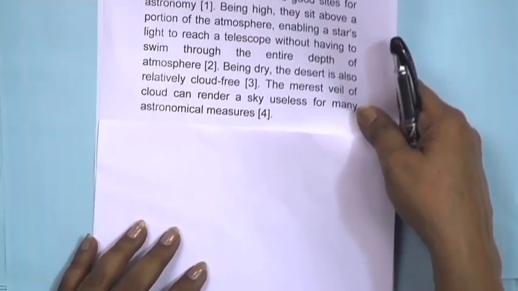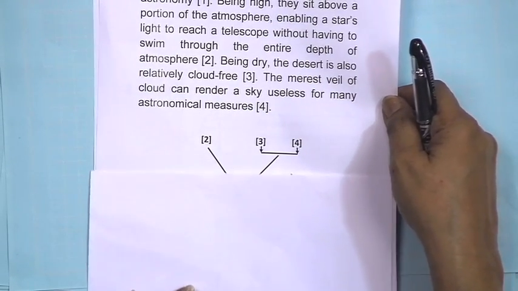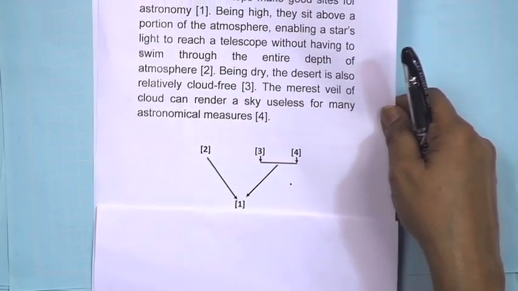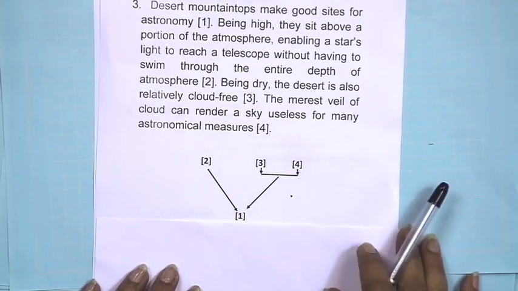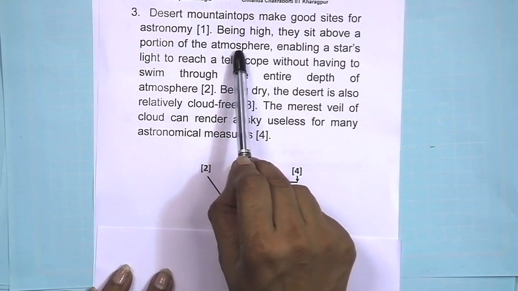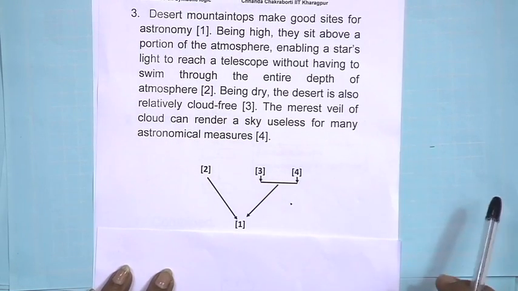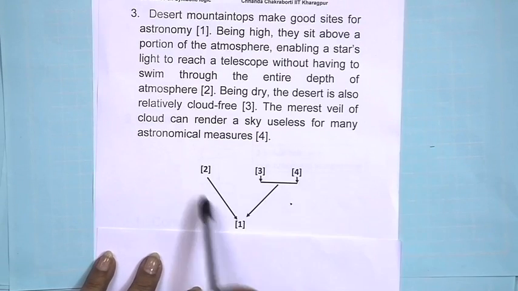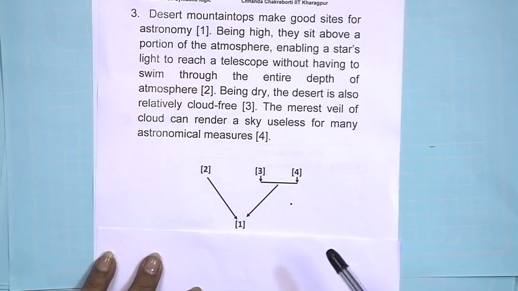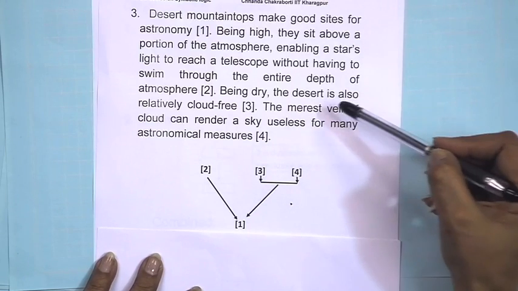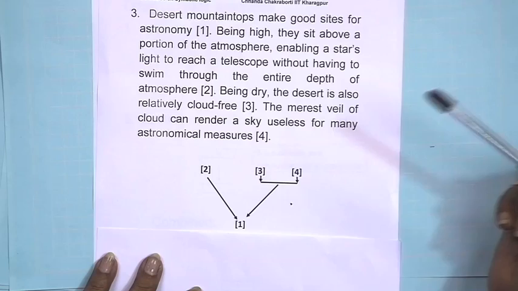So, the question is now, how are they supporting the conclusion, and the way to represent this would be something like this. That one, that this being high, that in itself is a reason why desert mountain tops make good sites for astronomy. So, here is this link. Then there is this 3 and 4. 3 says being dry, the desert is also relatively cloud free.